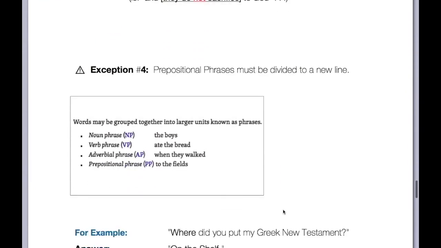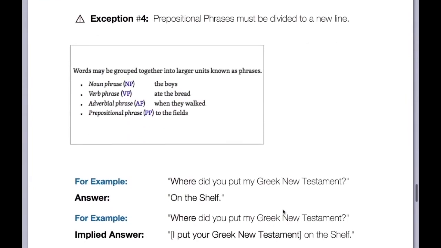Let's take a look now at our last exception, and this is going to come back from the idea of phrases once again, but this time we'll be talking about prepositional phrases. Prepositional phrases, first of all, can have implied verbs just like we just talked about. For example, if someone asks the question, where did you put my Greek New Testament? You could simply answer with a prepositional phrase, on the shelf. But this prepositional phrase, we understand, is not a complete correct sentence in English grammar.